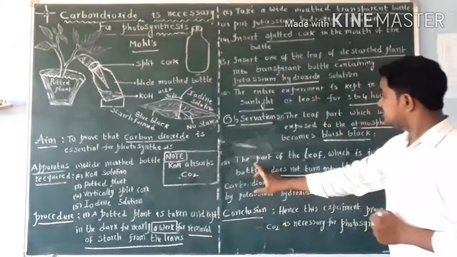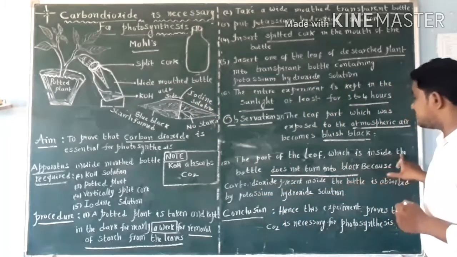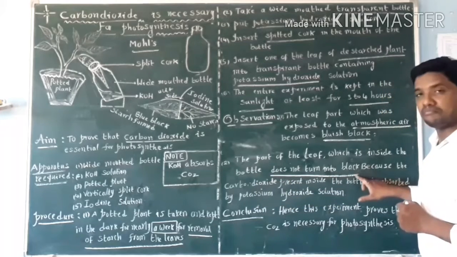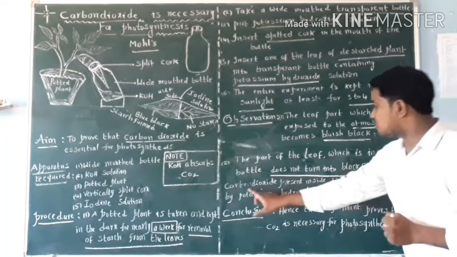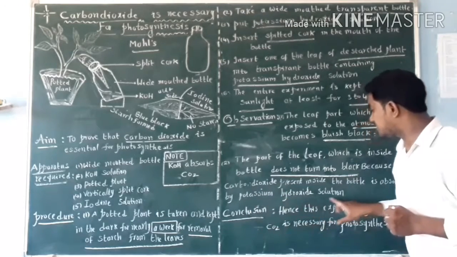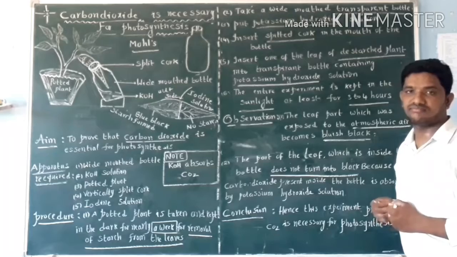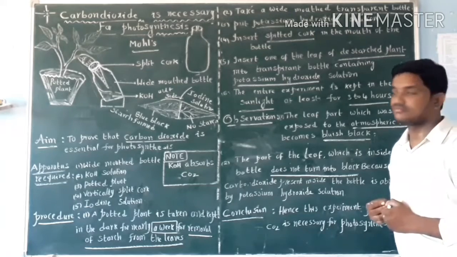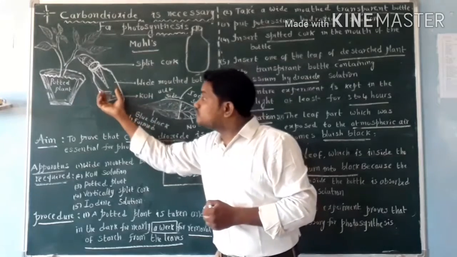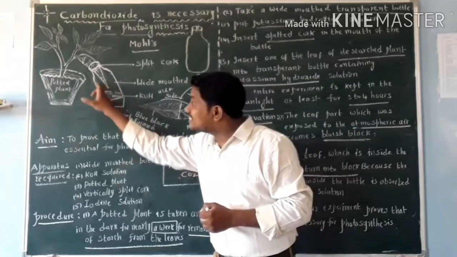See here, the part of the leaf which is inside the bottle does not turn black because the carbon dioxide present inside the bottle is absorbed by the potassium hydroxide solution. This KOH solution absorbs the carbon dioxide present inside the bottle.